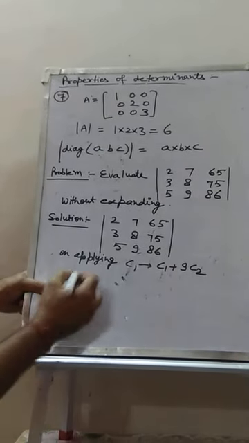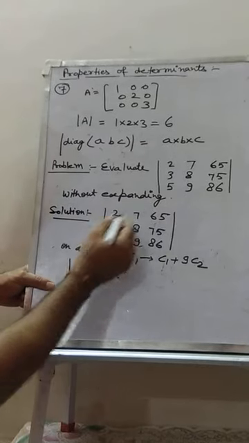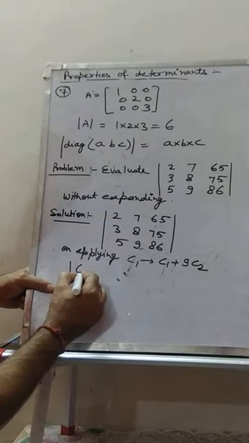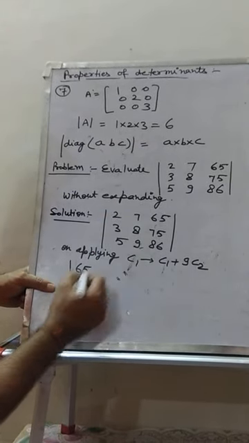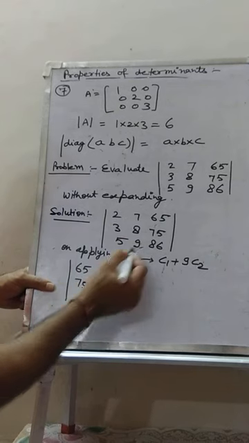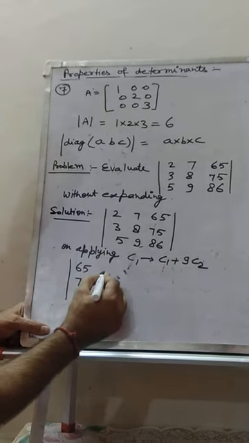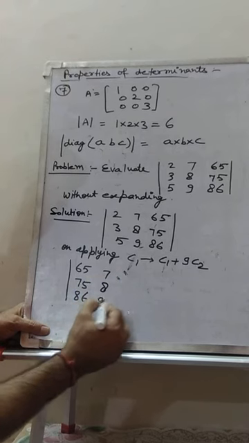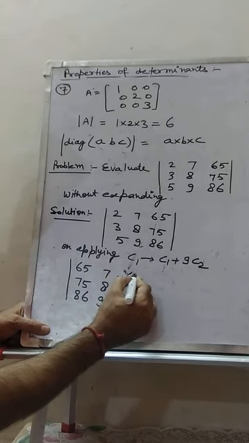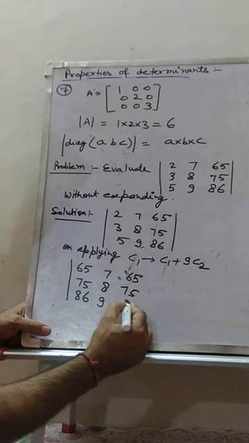What will become? First column will be 63 plus 2, 65. 72 plus 3, 75. 81 plus 5, 86. 7, 8, 9. 65, 75, 86.